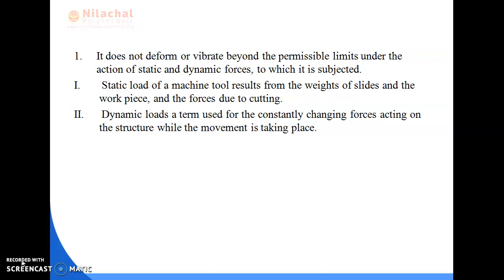Then the dynamic loads, a term used for the constantly changing force acting on the structure while the movement is taking place. Means the dynamic loads or the changing loads are due to the movement of the parts or workpiece.